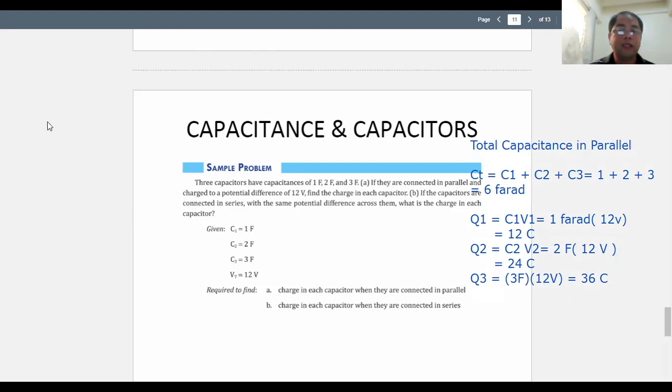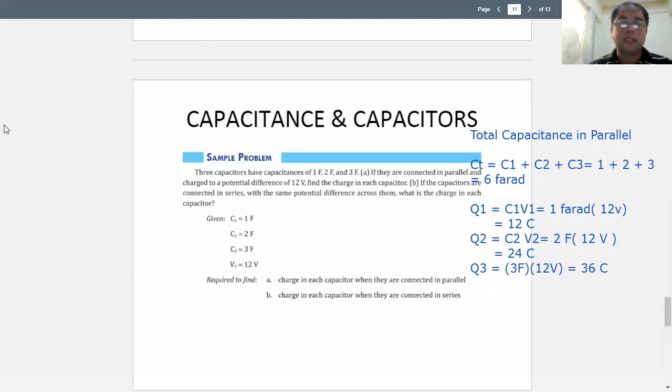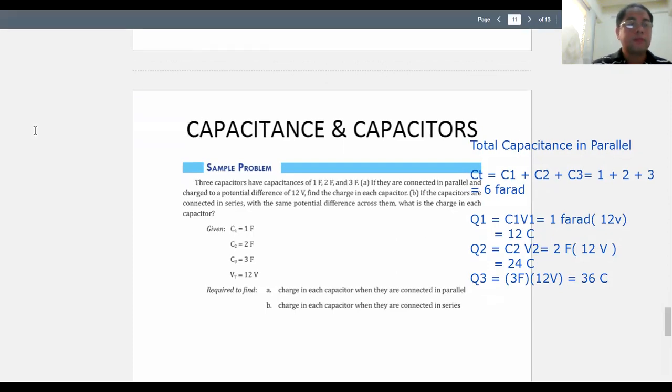Now, if you go for a series connection, what we know is that the charge in the capacitors are all the same. If it is series, Q sub t equals Q1 equals Q sub 2 equals Q sub 3.